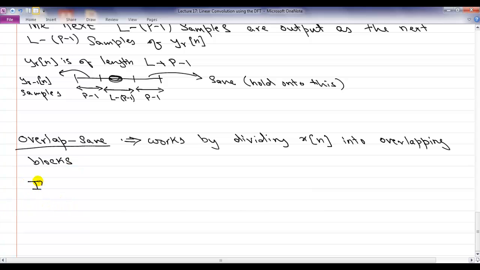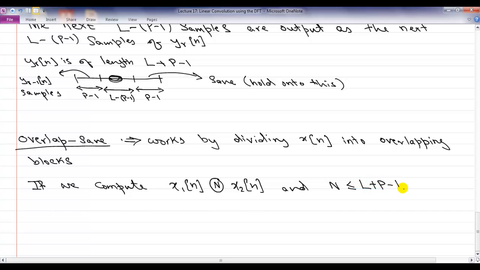Remember, if we compute x1[n] circular convolution with x2[n], and if N is strictly less than L plus P minus 1, then what happens?